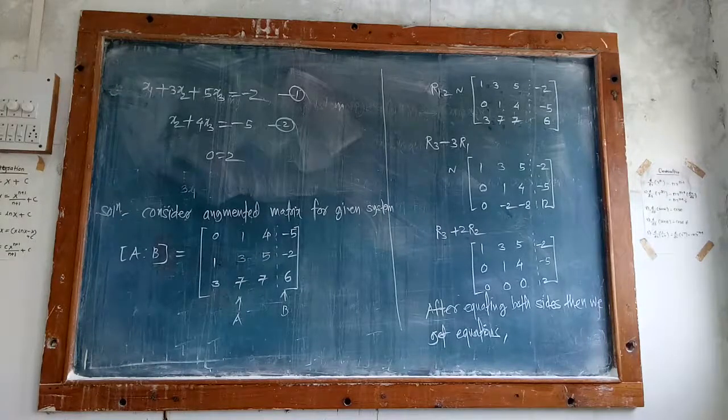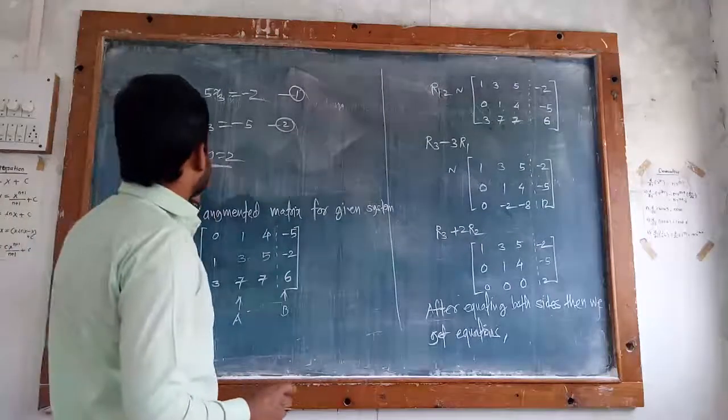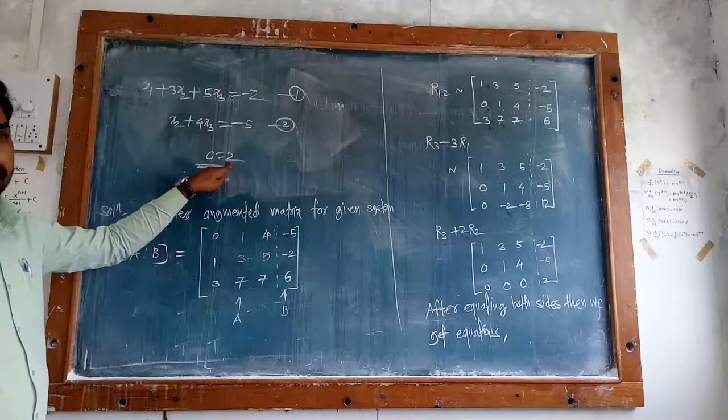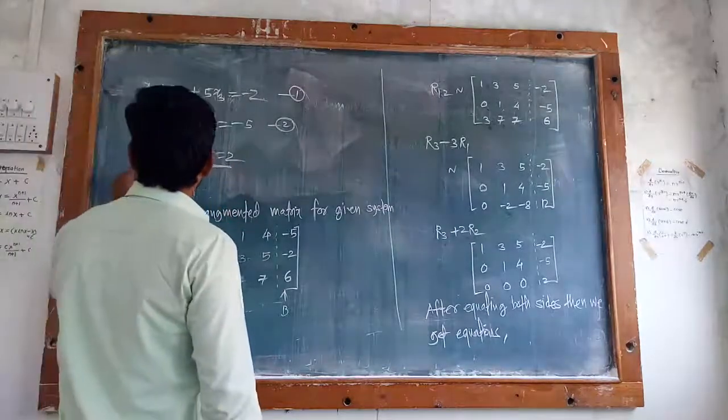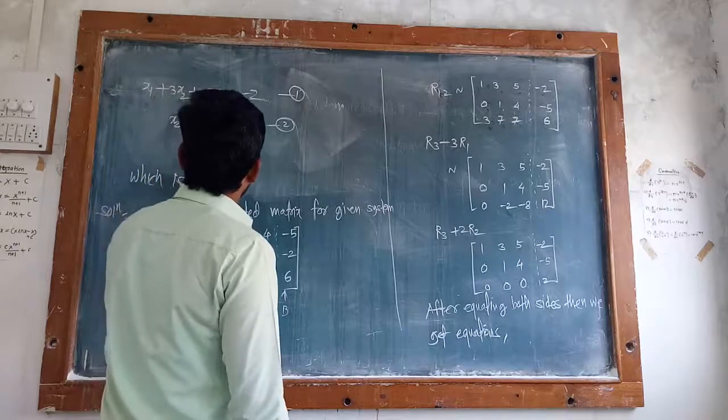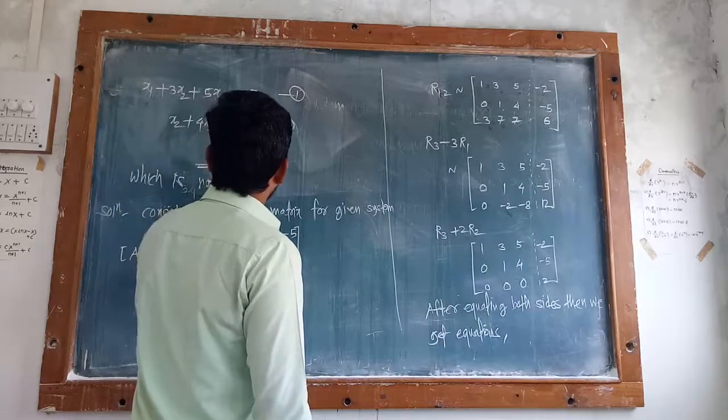From the last, third condition, what do we get? We get 0 equal to 2. Is that possible? No, which is not possible.